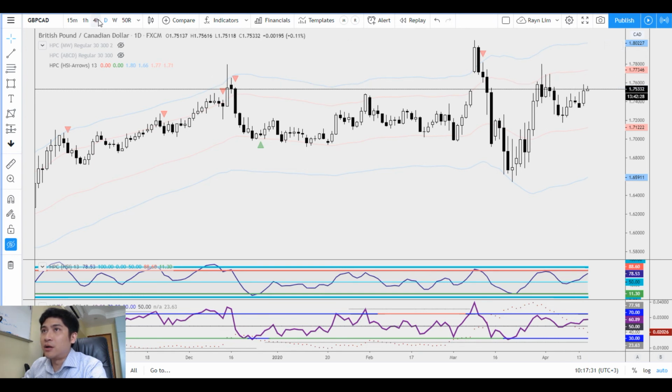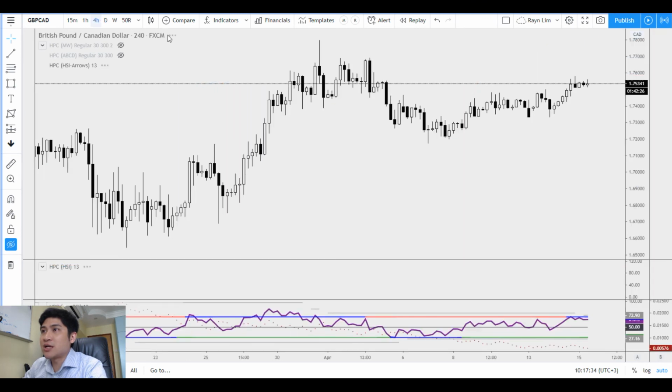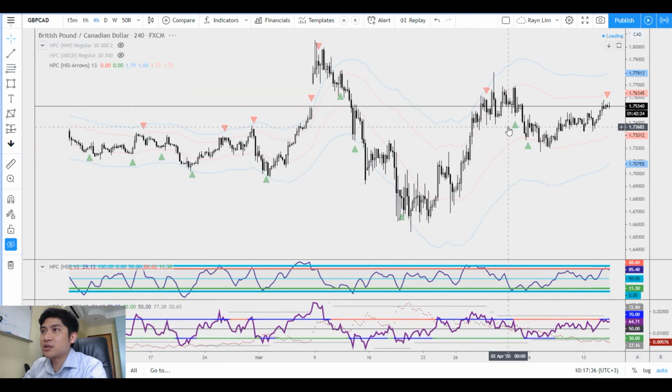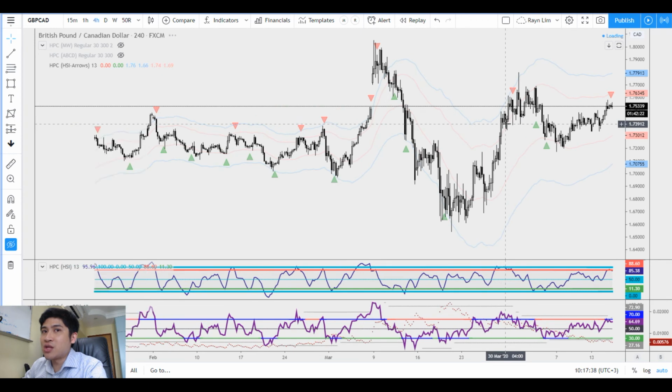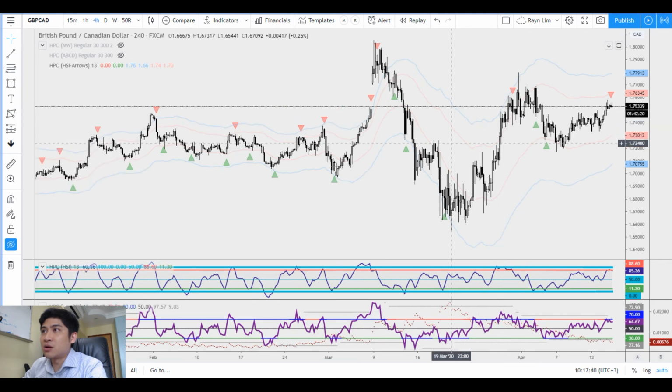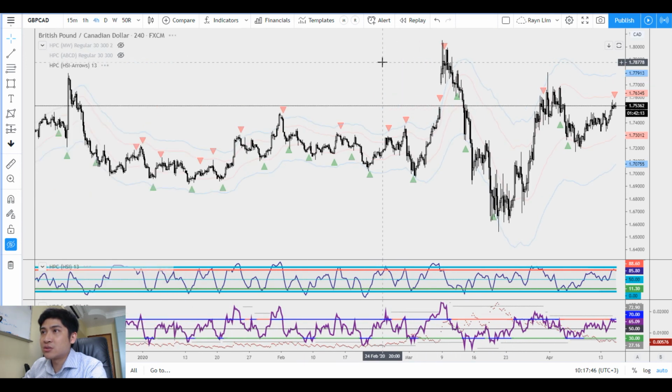Okay, to the 4 hour chart. There's no prevailing trend on the daily chart, so if you're a trend trader and you need more confirmed trends, I would say on the daily chart you just wait out, don't do anything first.